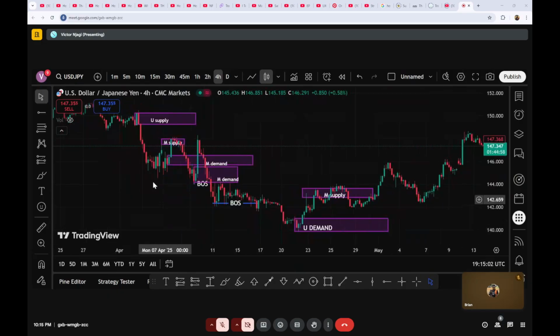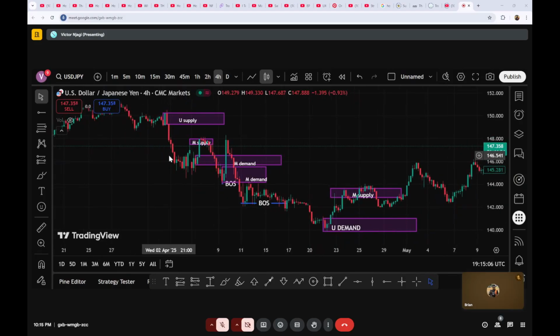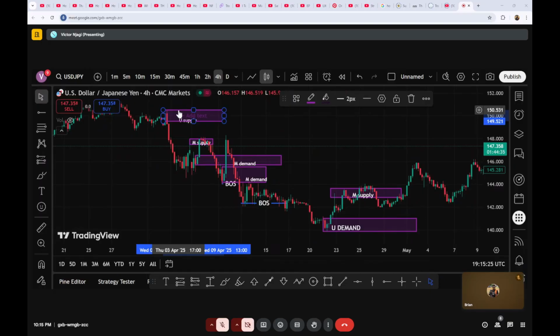Nataka tuanze na hapa kwa hii nilikuwa nime-identify supply. So if Bob nimekuelewa vizuri, a case like hii nime-identify supply. Tunasema inafaa iende mpaka kwa hii week. Yes. So swali yangu ni hapa chini.